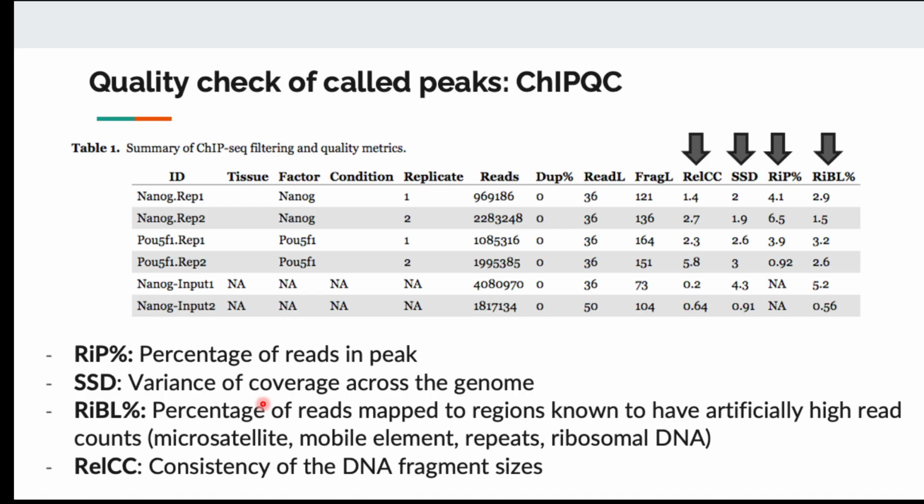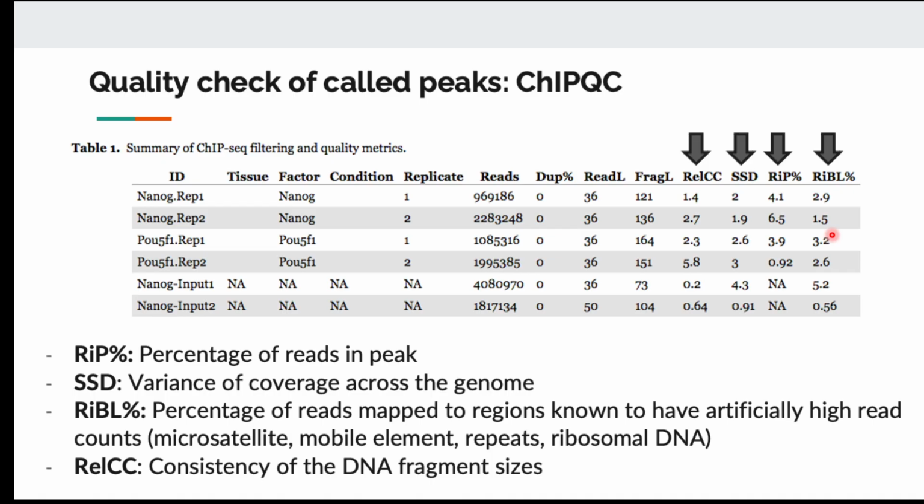So we want to know if our sequencing data are biased toward those regions or are more balanced. This RIBL percentage can tell us whether our sequencing data are in these kinds of special regions or outside.